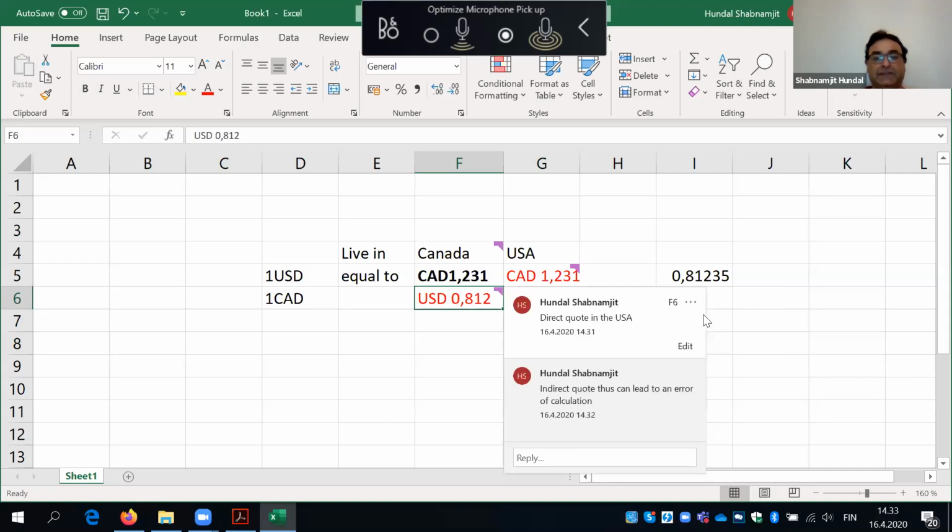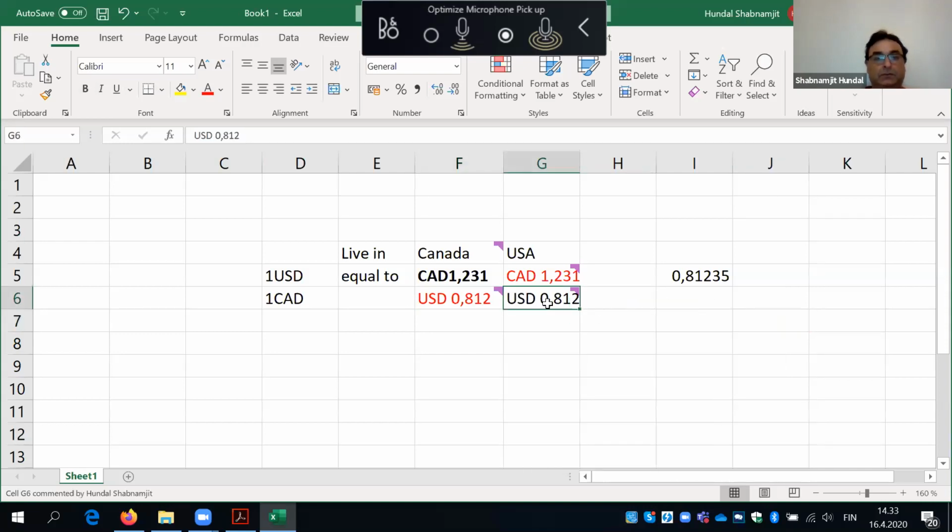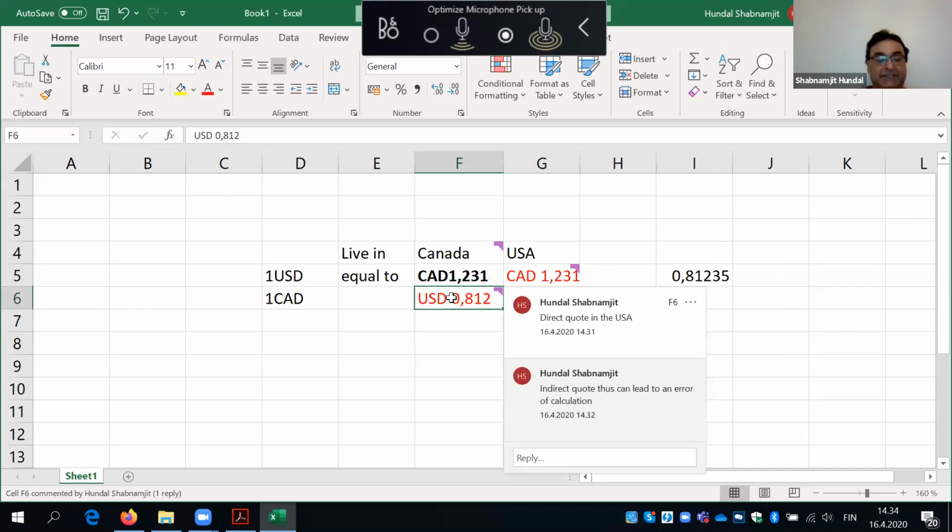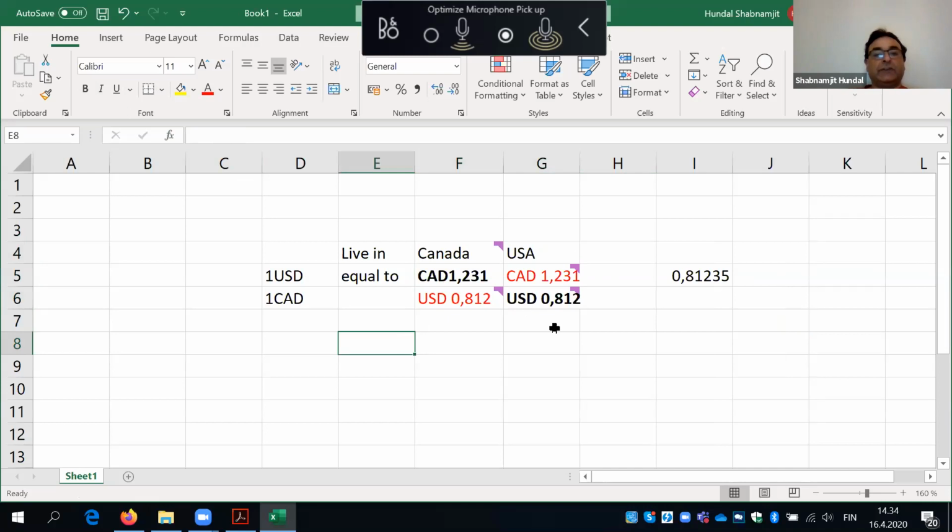But here in the USA, this is the right way, because in the USA you use USD. If you write something in CAD, it's a mistake. In Canada, you use CAD, it's right, but if you write something in USD in Canada, it's a mistake. Okay, so it's very important for you to understand which is a direct quote and which is an indirect quote, right? So we have a new share, the slides.